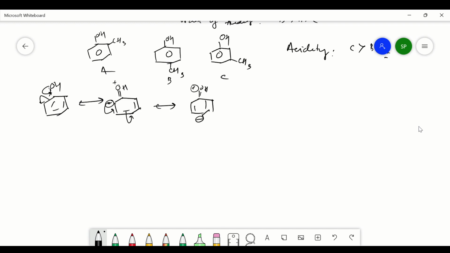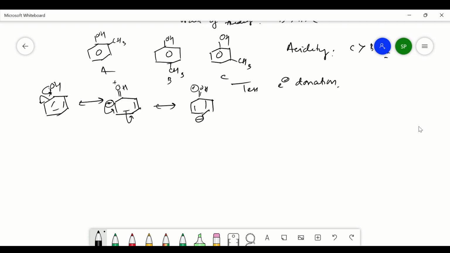Okay, so the plus I group present in ortho and para positions will affect phenol more, or will increase more electron density on phenol. Significantly, the meta group will not. So this will make less electron donation as compared to B and A.